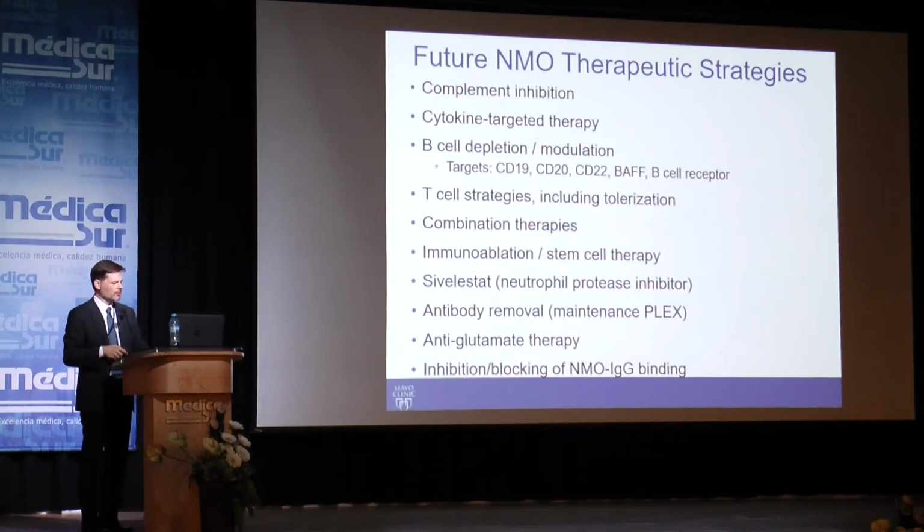Future NMO therapeutic strategies may include some single or combination approaches, such as complement inhibition and B-cell depletion. So rituximab, for example, targets CD20, but there are others that more fully deplete the B-cell lineage and might be more effective. Combination therapies, stem cell therapies, inhibition or blocking of binding of the antibody.